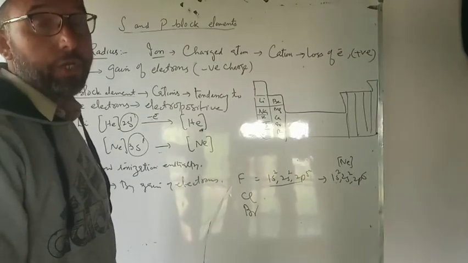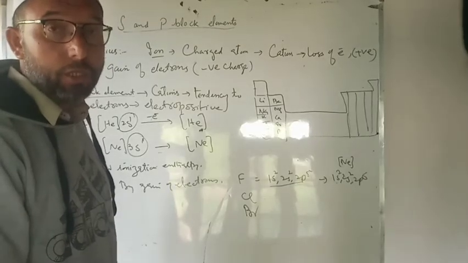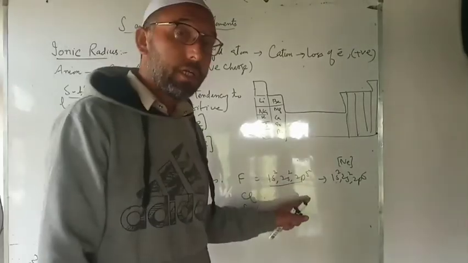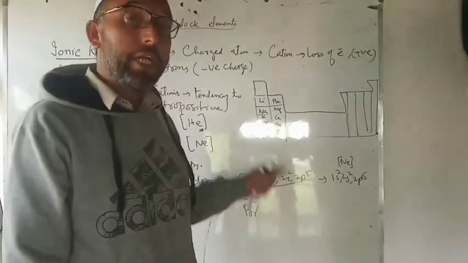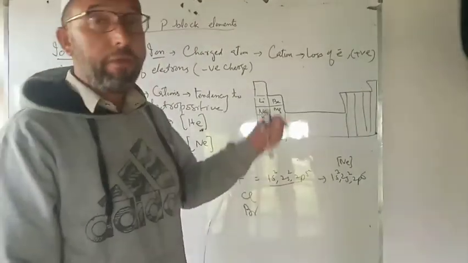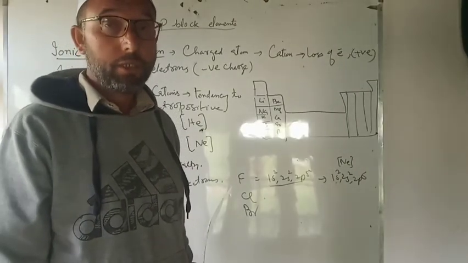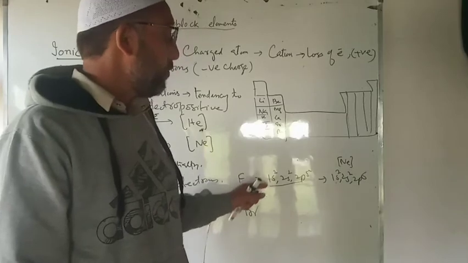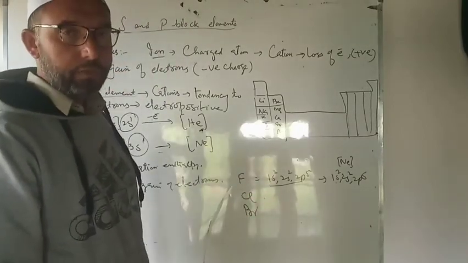So for fluorine, it is easy to gain this electron to become stable. Otherwise, if it loses the electron, it will be more unstable. And if we wish that it should change into a cation, then it has to lose 7 electrons. It is impossible for an atom to lose such a big number of electrons. So it is easier for fluorine to gain 1 electron and attain the nearest noble gas configuration of neon.